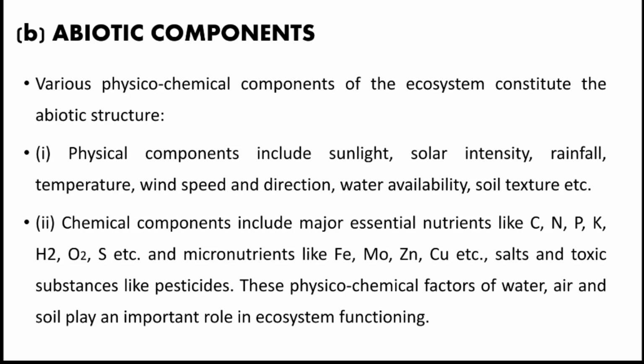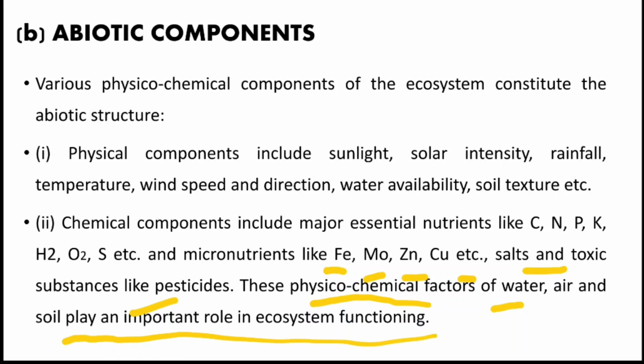Then there are various chemical components like the major essential nutrients: carbon, nitrogen, phosphorus, potassium, hydrogen, oxygen, sulfur, and micronutrients like iron, molybdenum, zinc, copper, salts, and toxic substances like pesticides, which are present mainly in soil. These physicochemical factors of water, air and soil play an important role in ecosystem functioning.